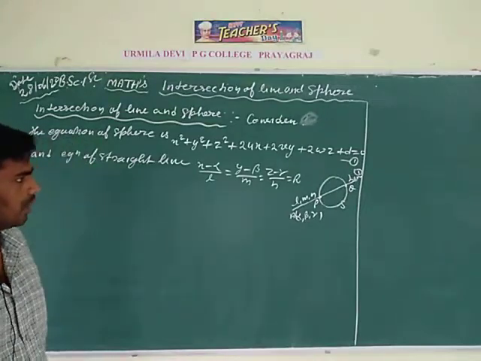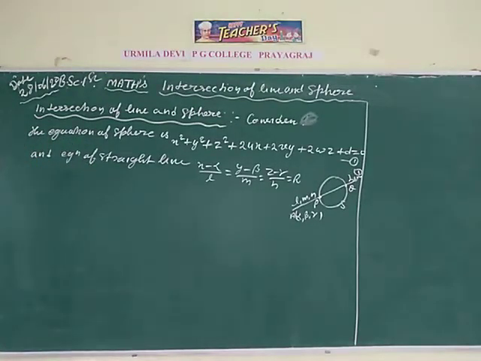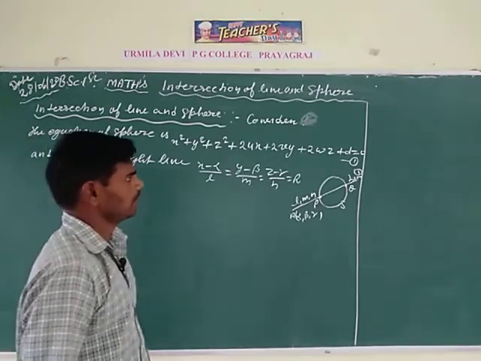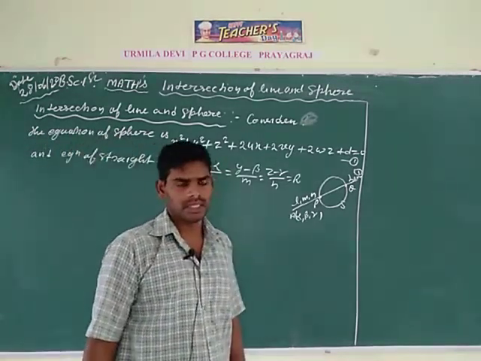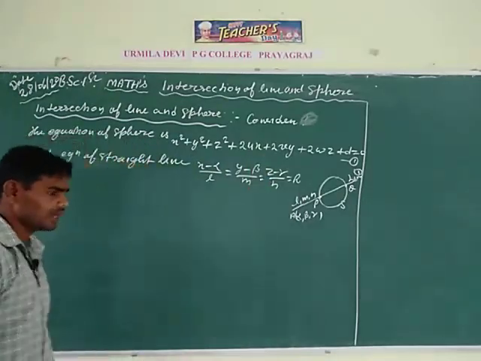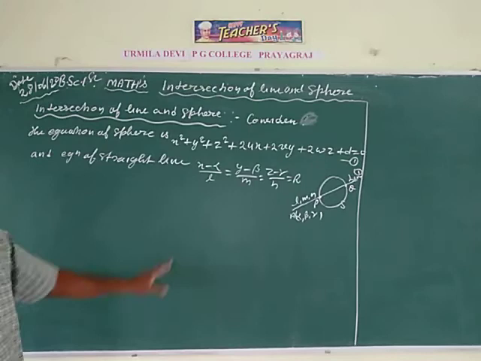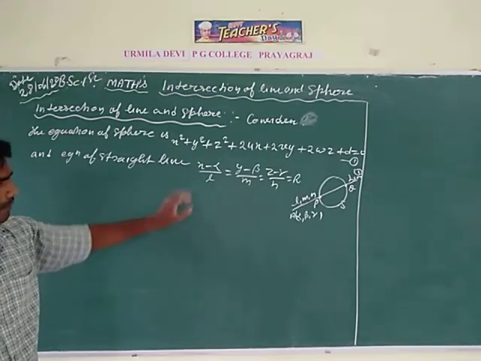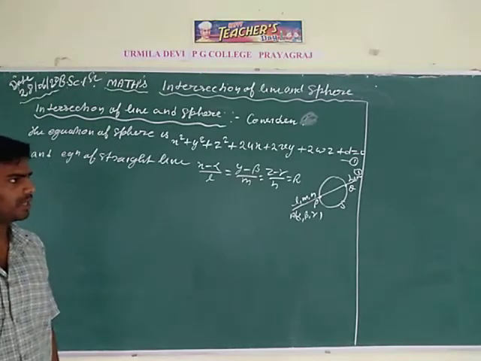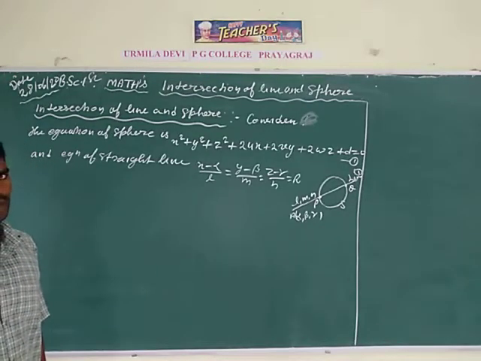S denotes the sphere, x square plus y square plus z square plus 2ux plus 2vy plus 2wz plus d is equal to 0, the general form of the equation of the sphere. In this article, we calculate the coordinates of the intersecting points capital P and capital Q.